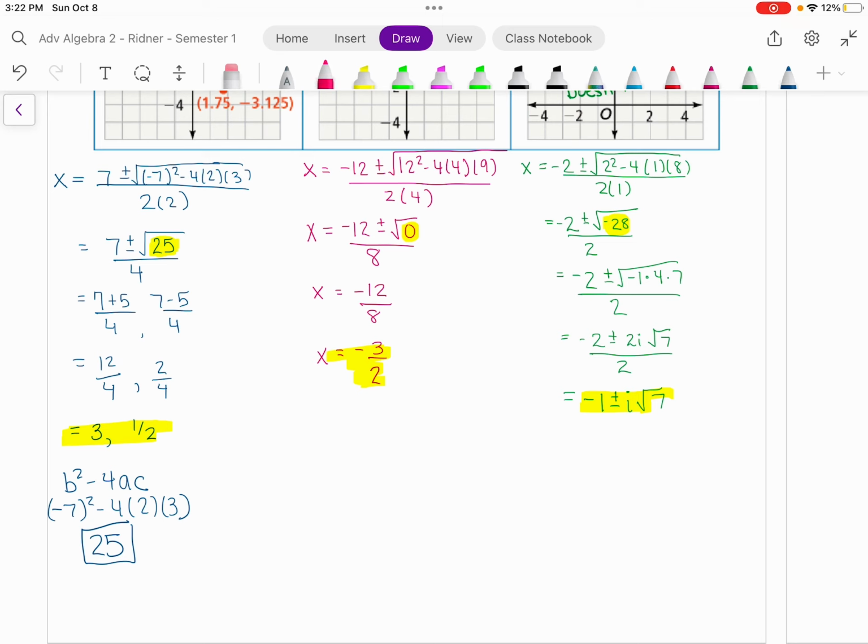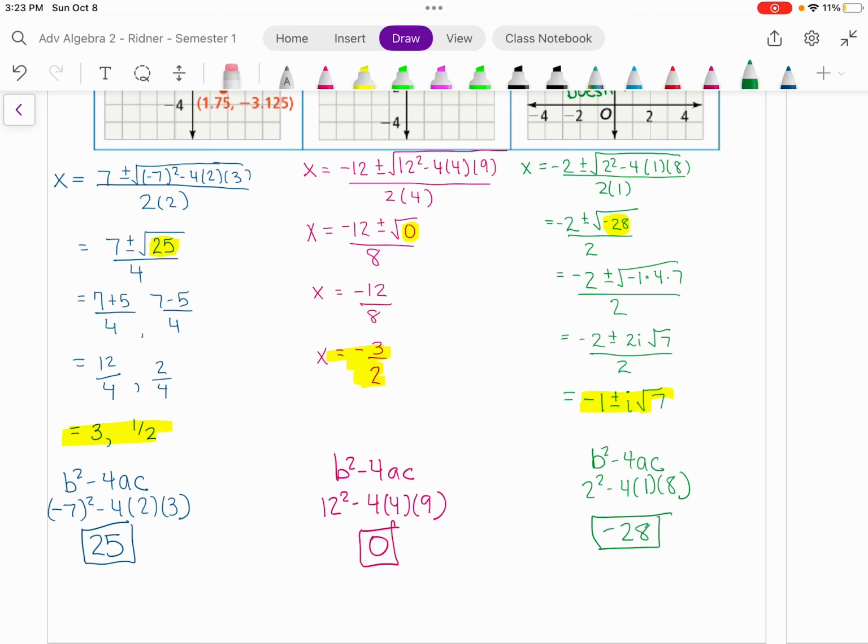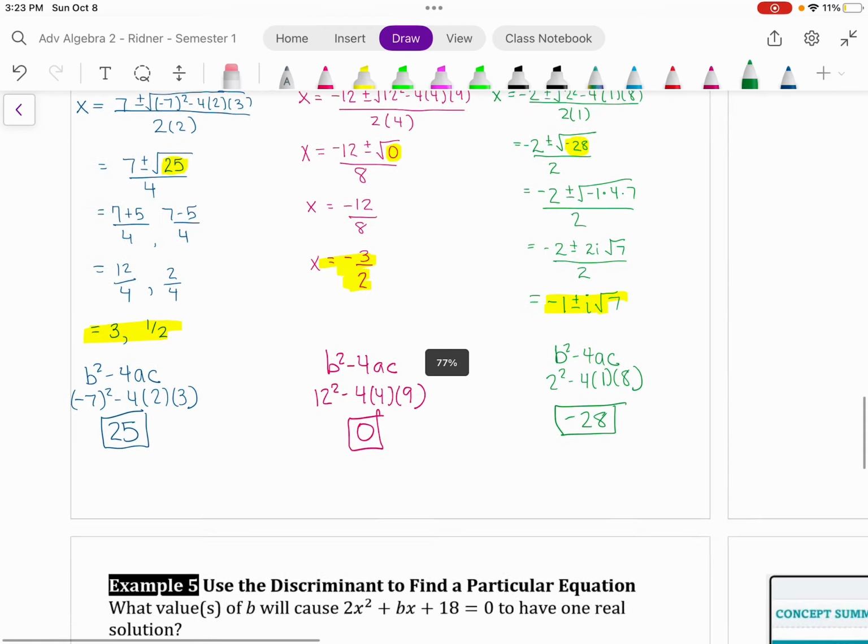In this next example, b squared minus 4ac was 12 squared minus 4 times 9, which was 0. And in our last example, b squared minus 4ac was 2 squared minus 4 times 1 times 8, which is negative 28.